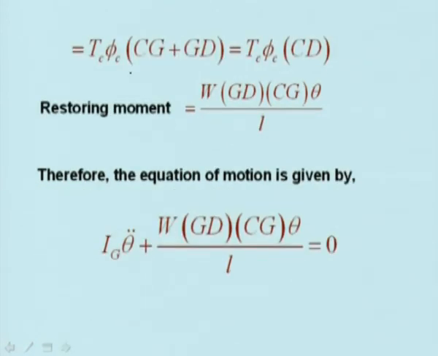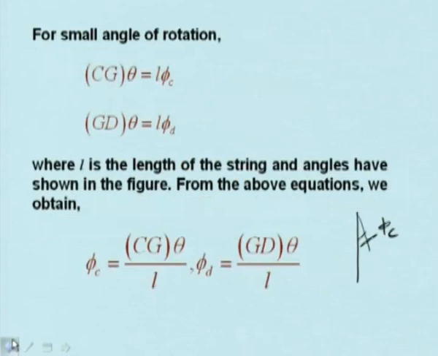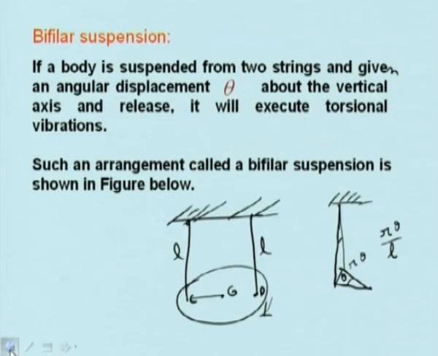Therefore this will be equal to Tc phi c multiplied by Cg plus Gd, or Tc phi c multiplied by Cd, where Cd is the distance between these two points.